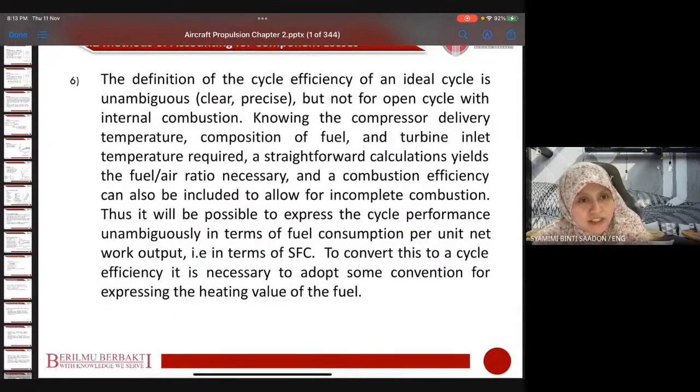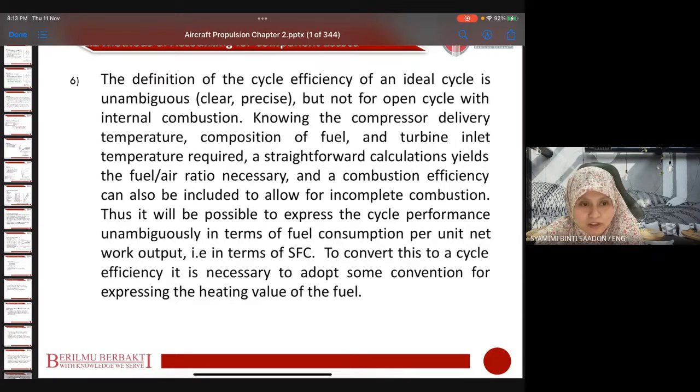Another reason is that the definition of the cycle efficiency of an ideal cycle is clear, but not for an open cycle. The aero engine uses an open cycle, the Brayton cycle. We know that the components, compressor and combustion chamber, have pressure loss and inefficiency.